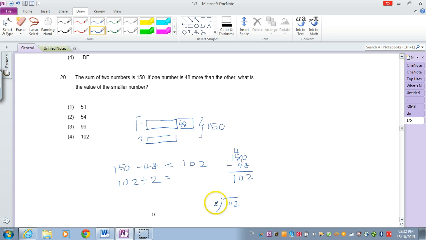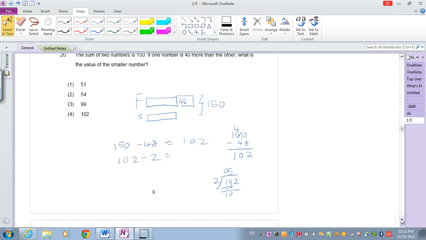So 1 cannot divide by 2, so I'll put a 0 here. So 1 minus 0, because 0 times 2 gives me 0, I'll have 1, and I'll bring down my 0, so I have a 10. 10 divided by 2, that will give me 5.